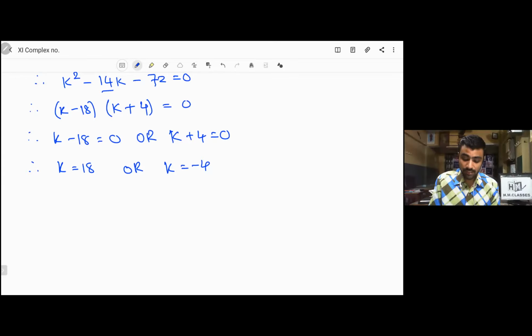Now we substitute that k value, that is x square is equals to 18, or x square is equals to minus 4.